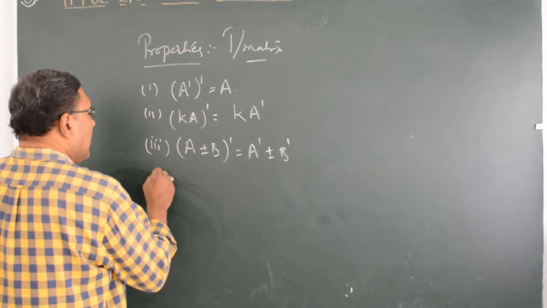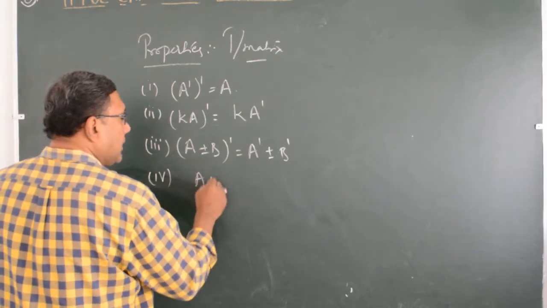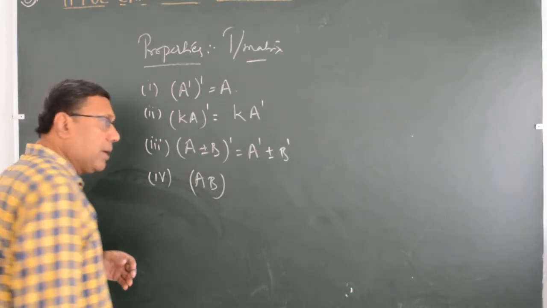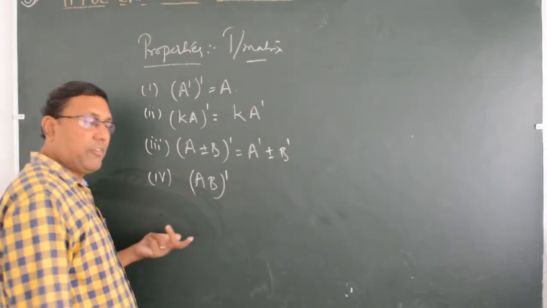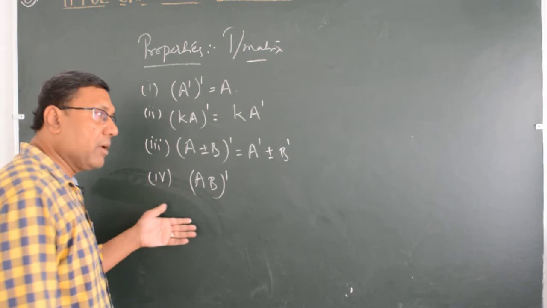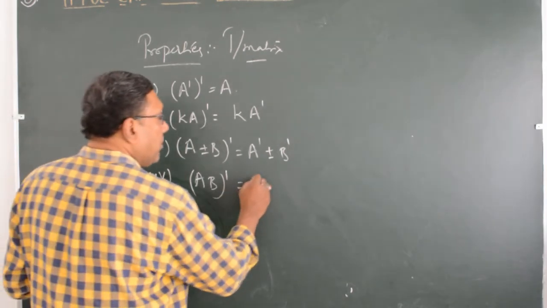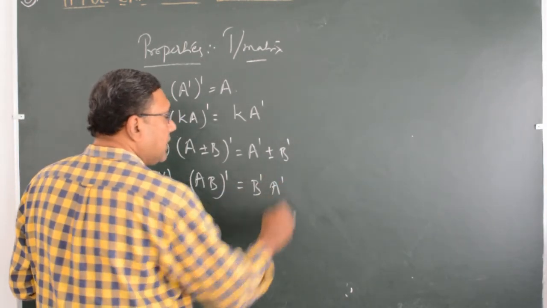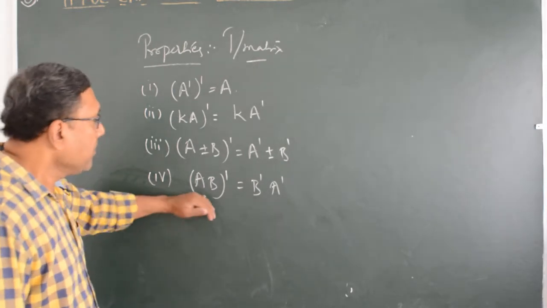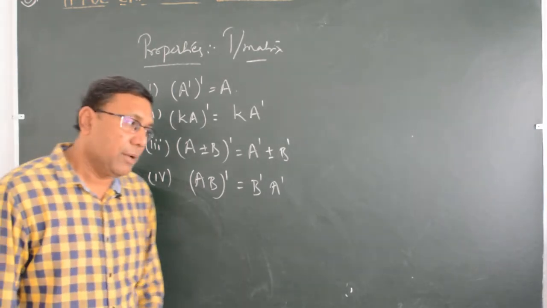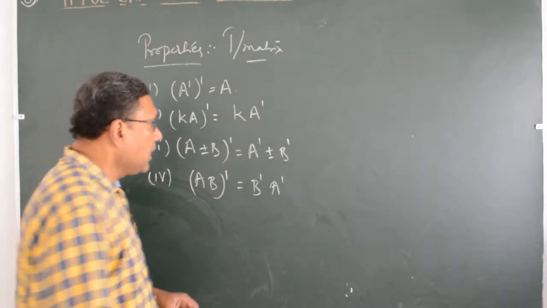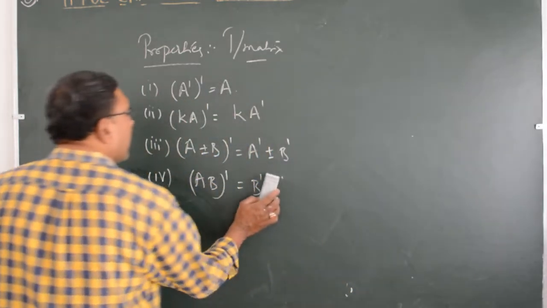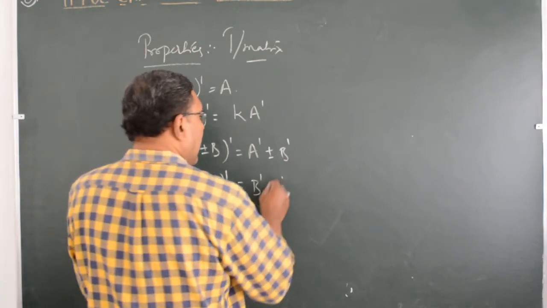And the fourth property: when you multiply two matrices and take the transpose of the product, it will be in the reverse order, B transpose and A transpose. This property also holds really well when you are doing operations on the transpose of a matrix.